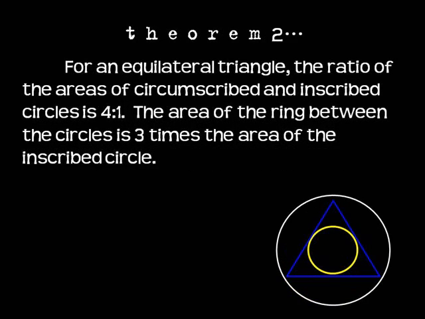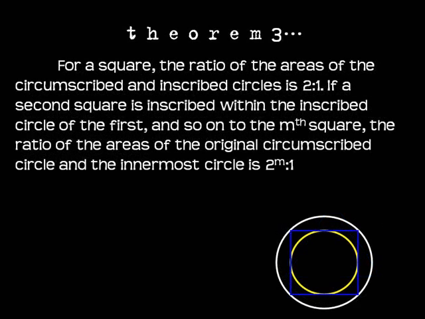Focusing on the equilateral triangle from the previous theorem and the circumscribed circle going around the triangle, we notice that comparing the area of that circle to the area of the yellow circle that is inscribed inside of the triangle is 4 to 1. We get a similar idea when we look at a square and the areas of a circumscribed circle around the square and an inscribed circle inside the square.